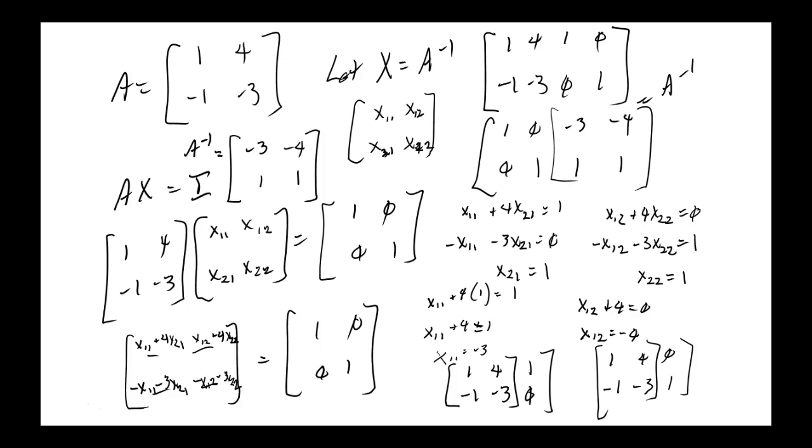So adjoin to your square matrix the identity matrix of that same size, do your row reduction till this looks like your identity matrix, and what you wind up with here is your A inverse. Now, hint, if you wind up with something that doesn't work, then you know the inverse doesn't exist. That's one way of telling. We'll find other ways of telling, but that's one.